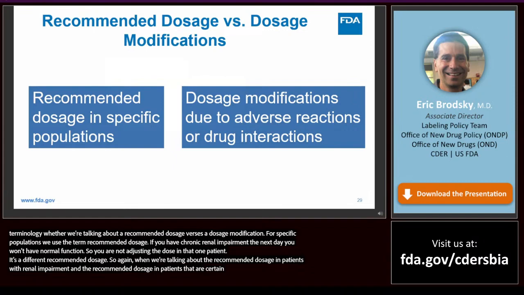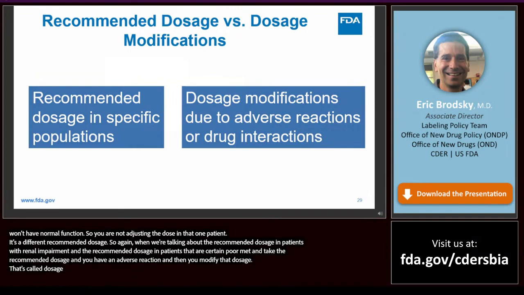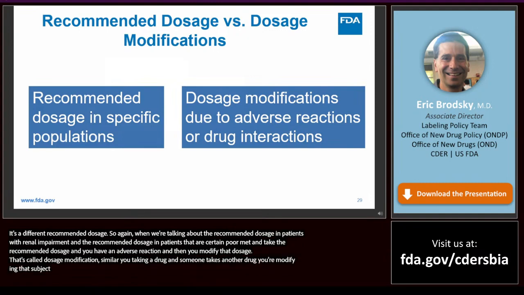In contrast, when we're talking about adverse reactions or drug interactions, those are dosage modifications. You take the recommended dosage, and then you have an adverse reaction, then you modify that dosage. That's called dosage modification. Similarly, you're taking a drug, and then someone takes another concomitant drug, you're modifying that subject drug dosage.